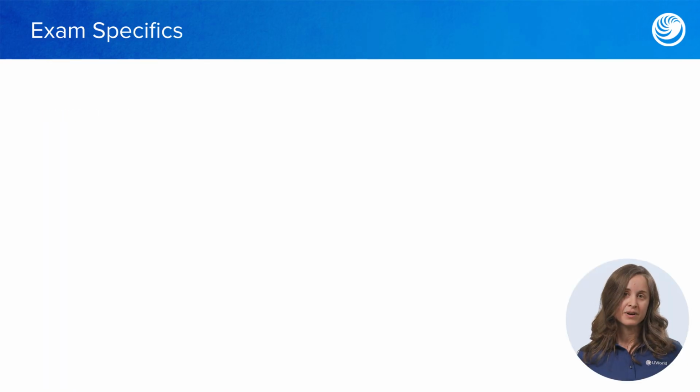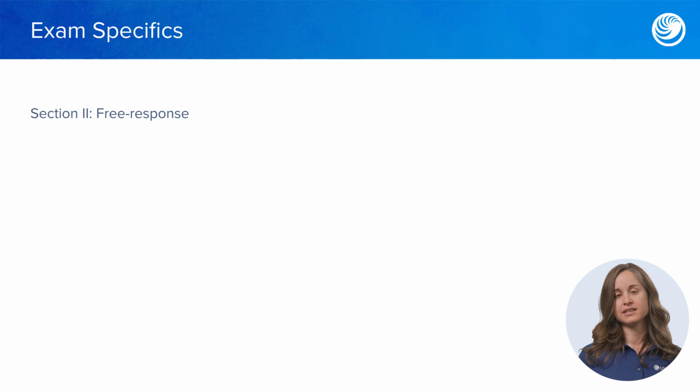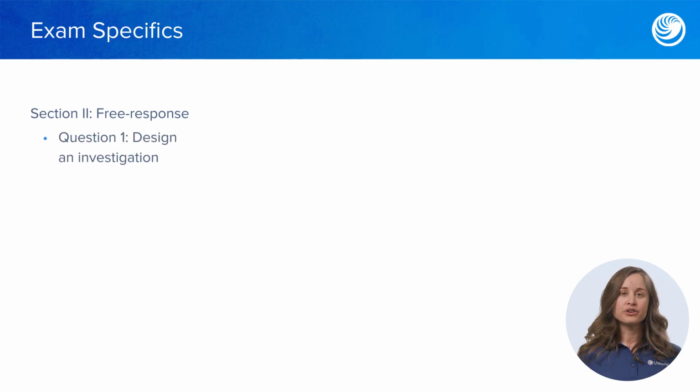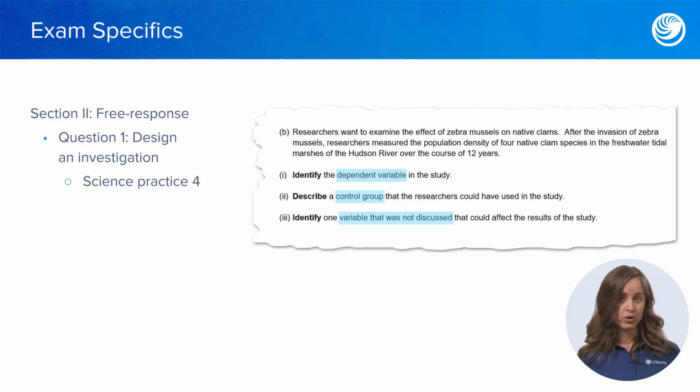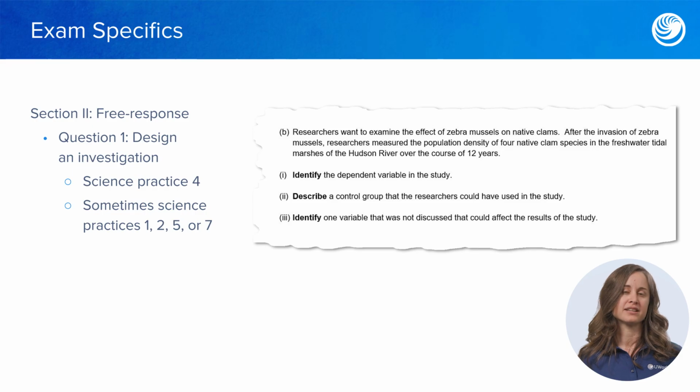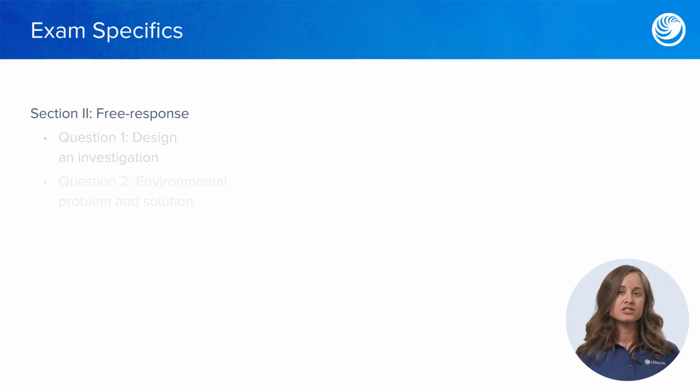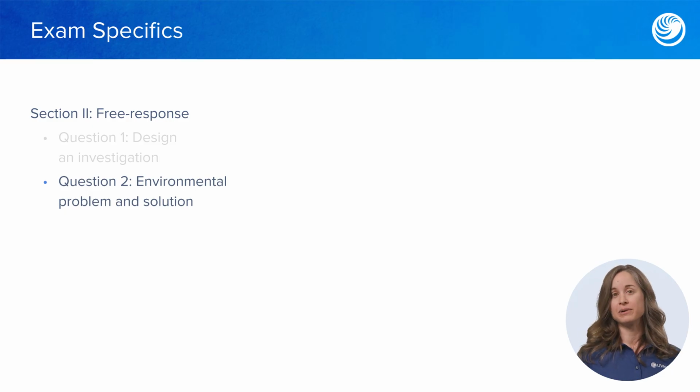While all of these science practices are assessed throughout the multiple choice section, each free response question will assess specific science practices. The first free response question is designing an investigation. This will always include parts that test science practice 4, as well as potentially science practices 1, 2, 5, or 7. Free response question 2 analyzes an environmental problem and proposes a solution.